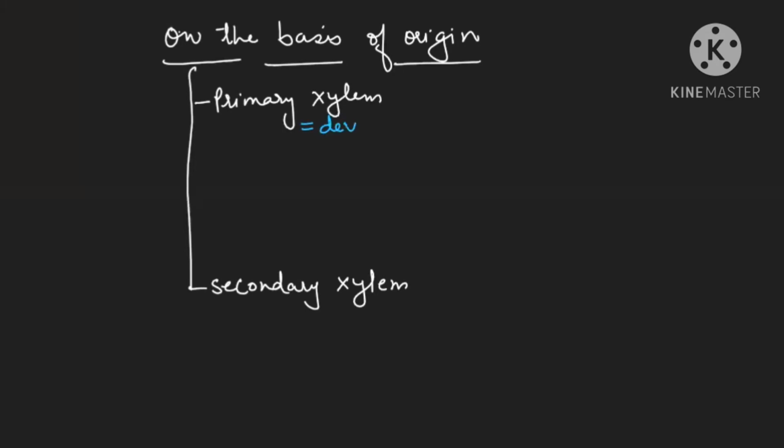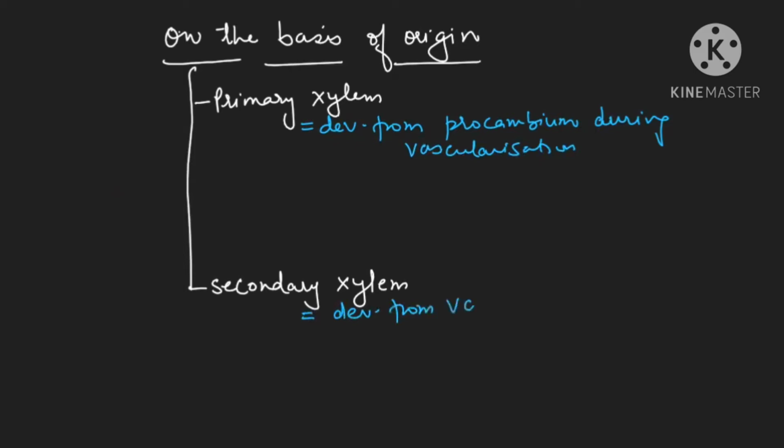It developed from procambium, and it is developing at the time when vascularization was going on. But secondary xylem is developing from vascular cambium. It developed from vascular cambium, and it is developing at the time of the secondary growth.